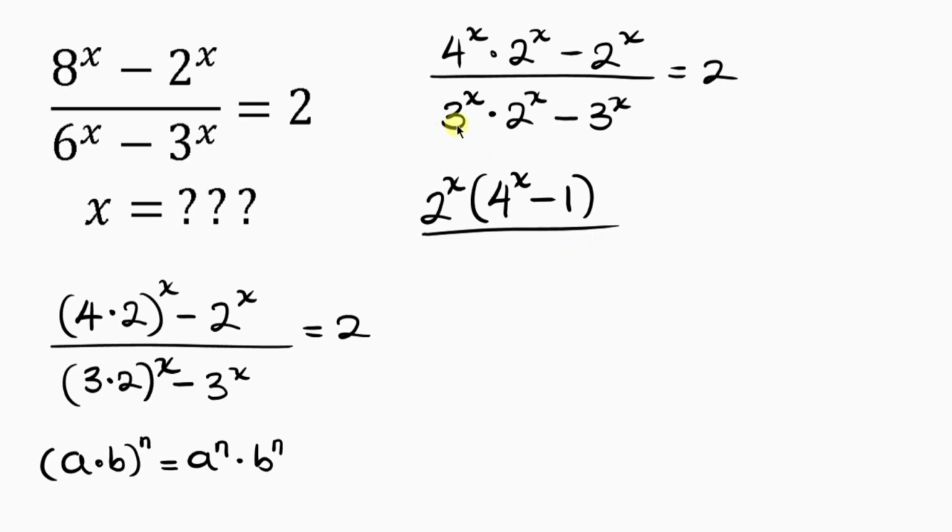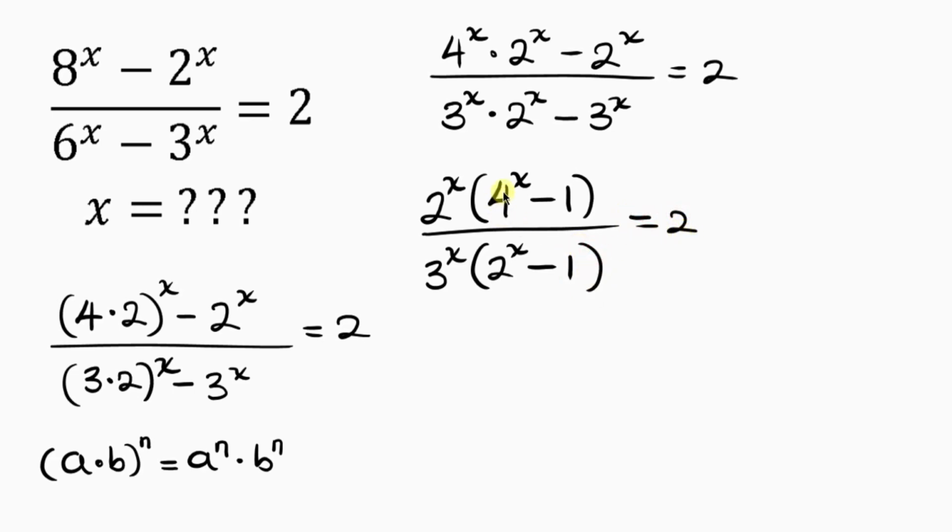Now in the denominator, 3^x times 2^x minus 3^x, you notice that 3^x is common, so we're going to be factoring out 3^x. So 3^x times 2^x divided by 3^x, I will have 2^x remaining, so 2^x minus 3^x divided by 3^x, I'm going to be having 1, and this is equal to 2.